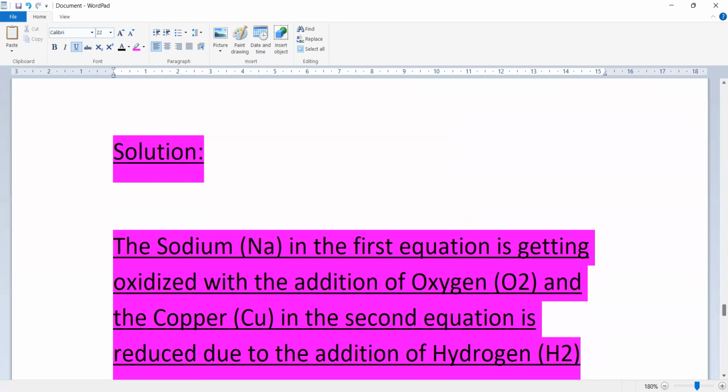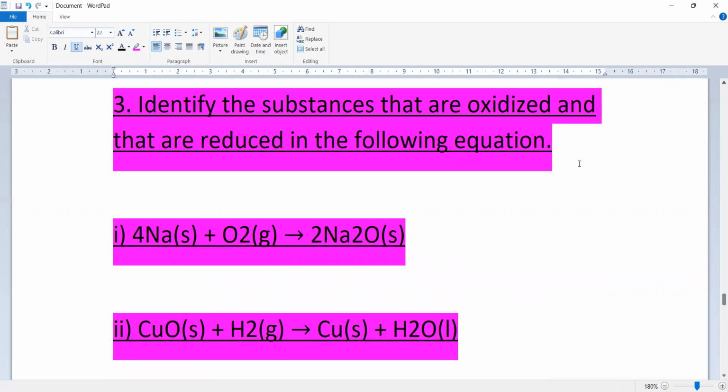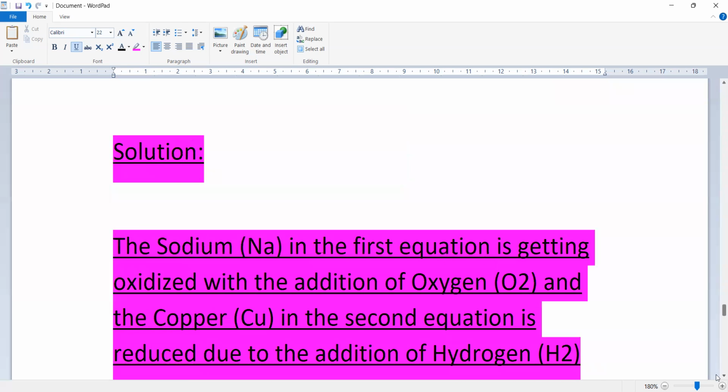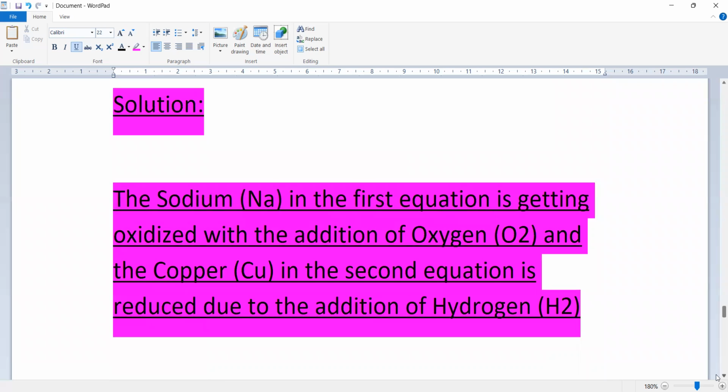The sodium in the first equation is getting oxidized because sodium is adding with oxygen to form Na2O. Hence, sodium is oxidized with the addition of oxygen, and the copper in the second equation is reduced.